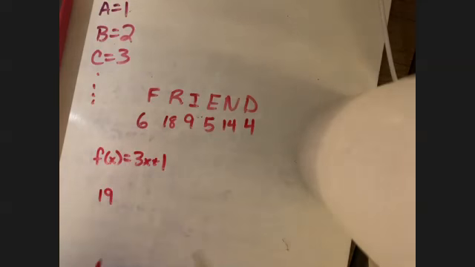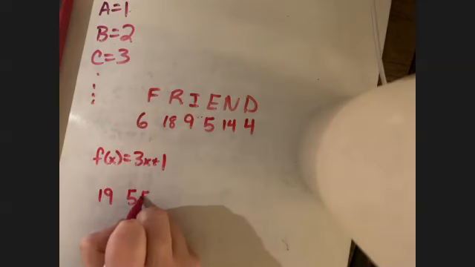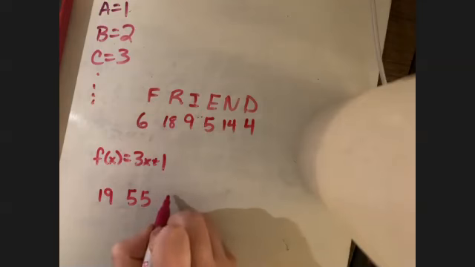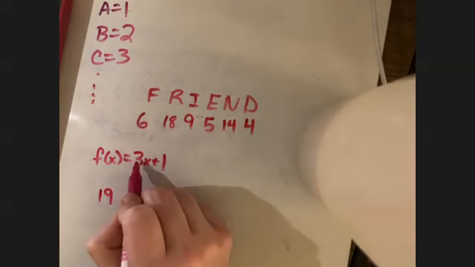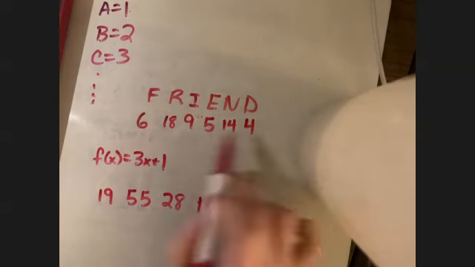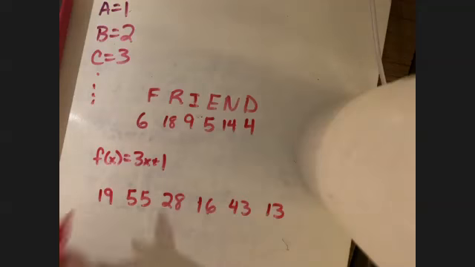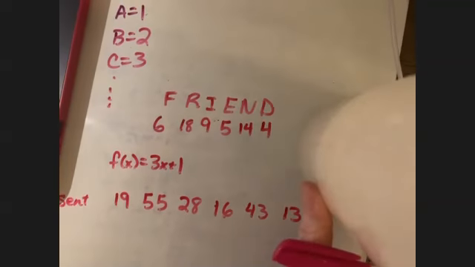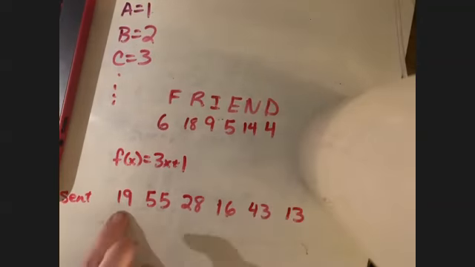So I would send the code 19, and then 3 times 18 is going to be 54, plus 1 is going to be 55. 3 times 9 is 27, so it's going to take that up to 28. 5 will be 15, plus 1 is 16. 14 is going to be 42, and 1 makes 43. And then 4 would be 12, plus 1 is 13. So this is the code that would have been sent: 19, 55, 28, 16, 43, 13.